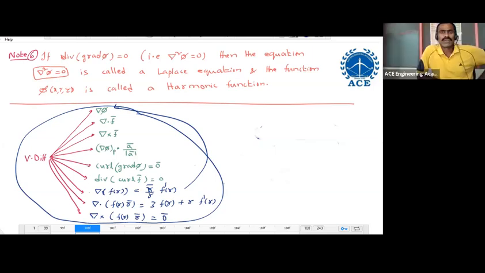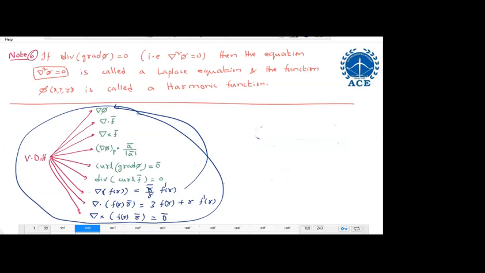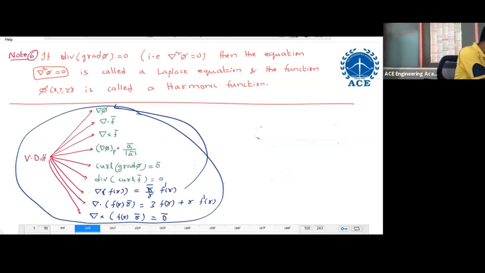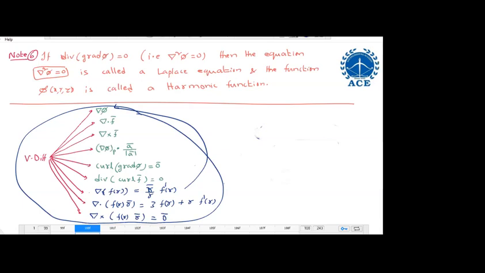I got answer as 2. I just want to know whether it is correct or not. Okay, I will check it. Yeah, 2 is correct.